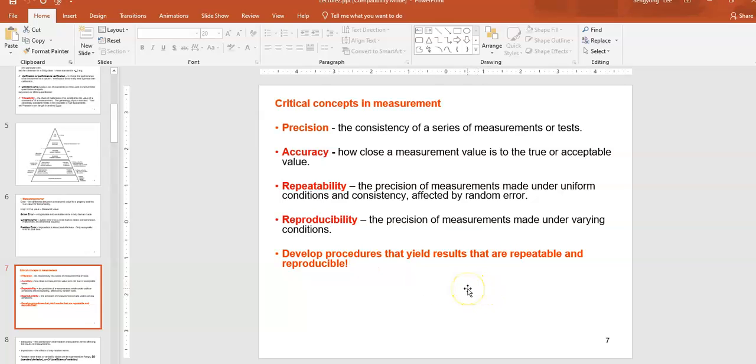So you need to develop procedures that yield results that are repeatable and reproducible. So that's the importance of the SOP, standard operating procedures. The measurement may not be done by a single operator all the time. The measurement may be done by a group of operators. Then how do you make sure that everybody is doing precise and accurate measurement all the time? So we're talking about reproducibility, right?